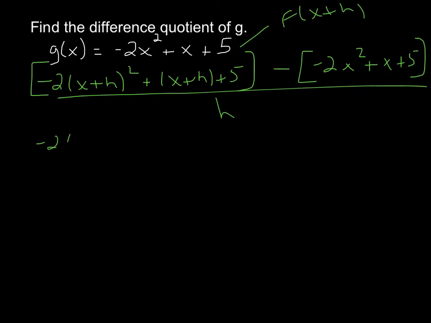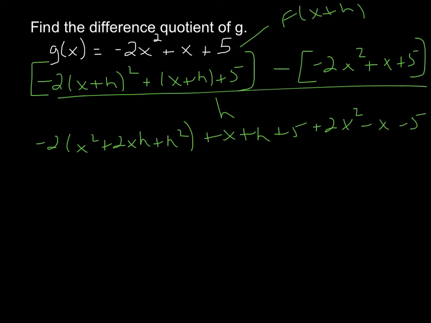So we've got negative 2. When I square, I'm going to get x squared plus 2xh plus h squared, plus x plus h plus 5. Now distribute my negative. I've got a plus 2x squared, a minus x, and a minus 5, and everything is still divided by h. Well, plus x, minus x, they're gone.